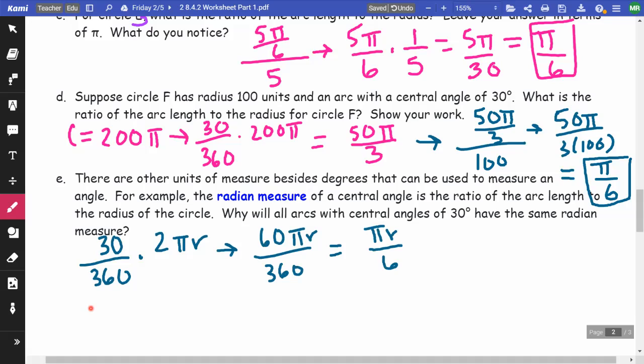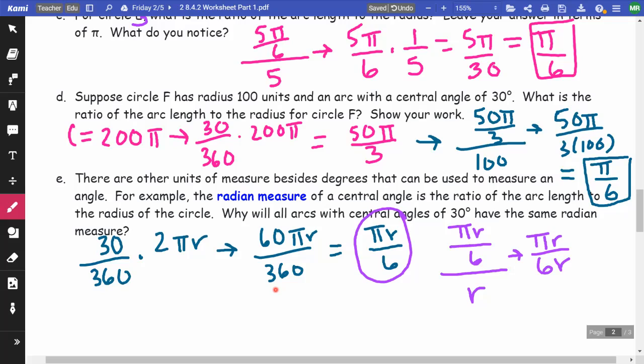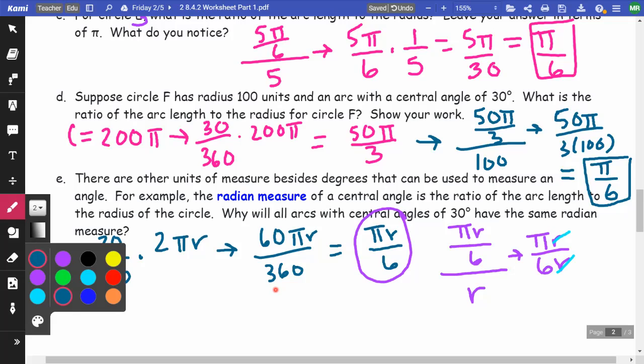Now, when I take that arc length as a ratio with its radius, I am going to get pi r over 6r. And you see that my radius on top and bottom is going to cancel out. And I am going to get, again, pi over 6 every single time.